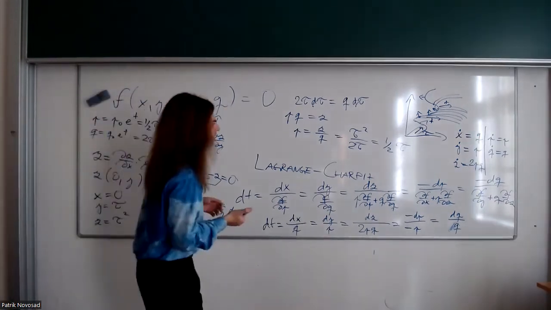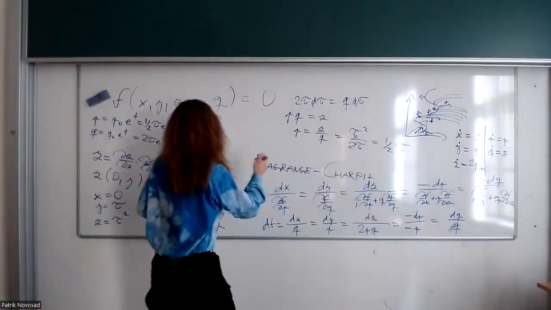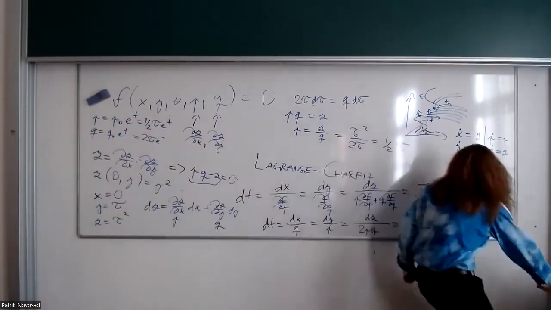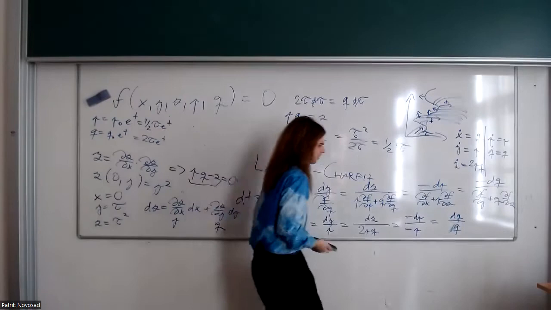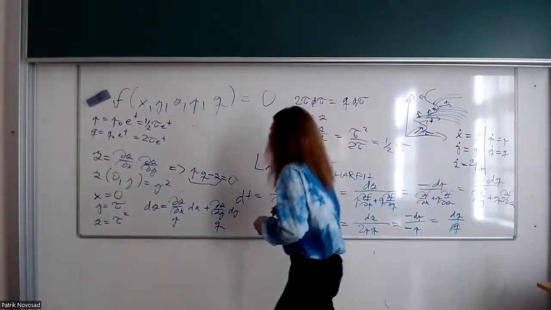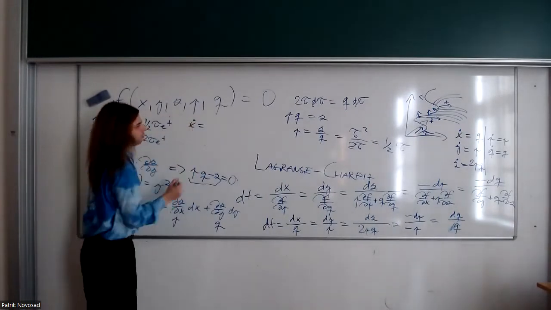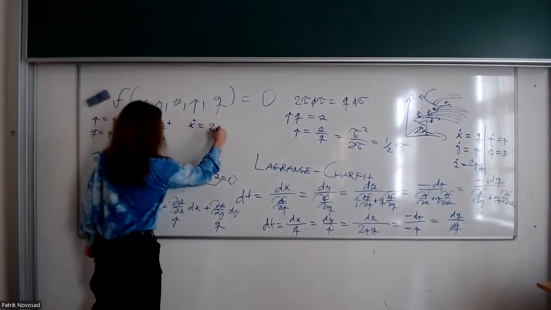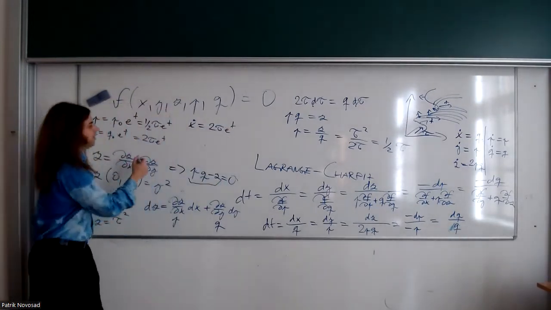And when we have this, we can of course go to the other two equations for x and y. We get that x dot needs to be equal to q, which is 2 tau e to the t.